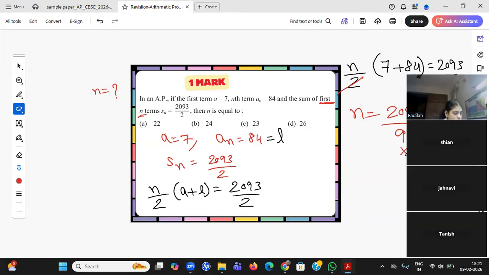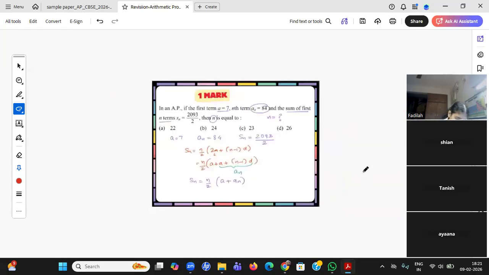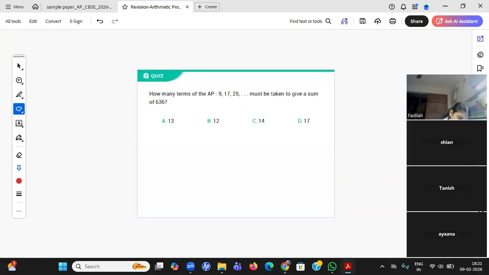Obviously, something into 3 should come, then only 93, right? So check whether it is dividing with 23 or not. Yes, Ponnappa, right answer. 91 23 times is 2093. Yes, 23.